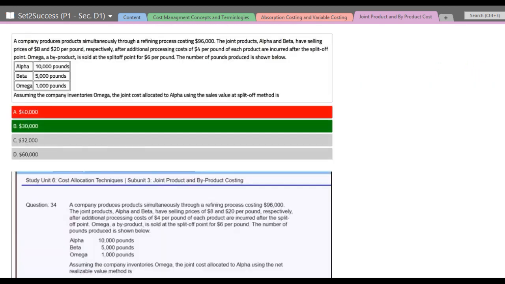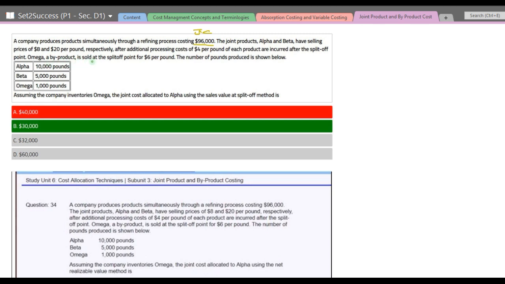Next, a company produces products simultaneously through a refining process costing 96,000. So the joint cost is 96,000. The joint products alpha and beta have selling prices of 8 and 20 per pound respectively, after additional processing costs of 4 per pound of each product are incurred after the split-off point.